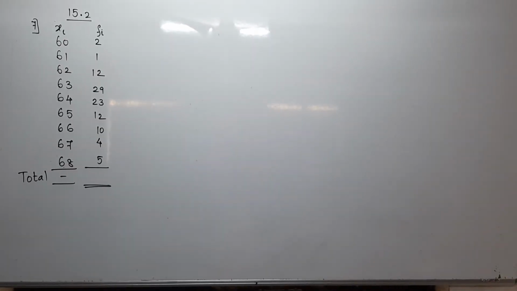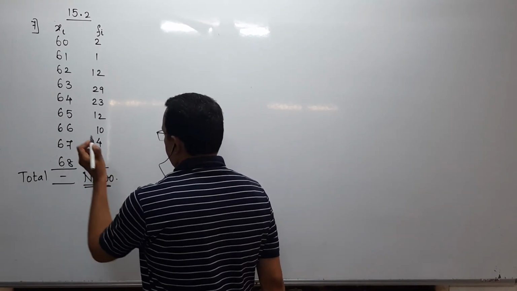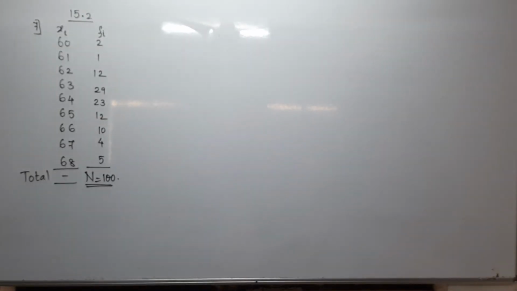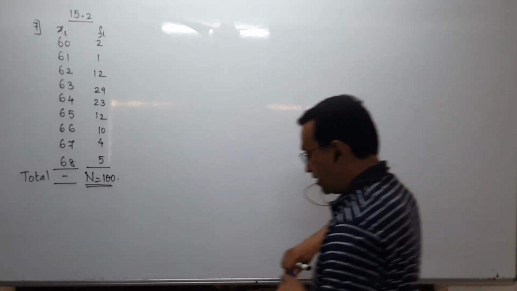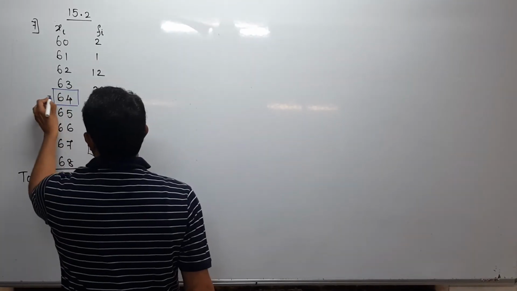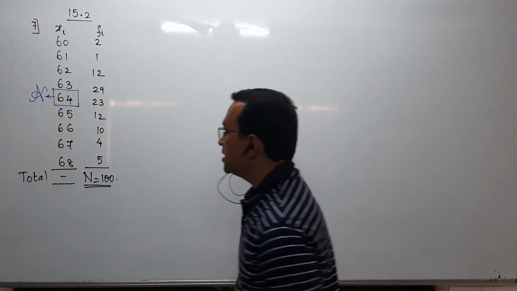Okay students, now all of you pay attention. The total of frequency is 100. So write capital N is equal to 100. We are going to do the sum by the shortcut method. And in the shortcut method, we take the assumed mean for a discrete series from the given xi, and I am taking assumed mean a as 64.